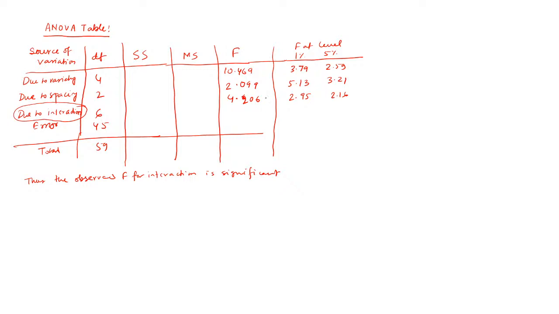Because the critical value is less than the observed value at the 1% level. That means it is also significant at the 5% level. Hence we do not test for the effects of varieties and spacing.